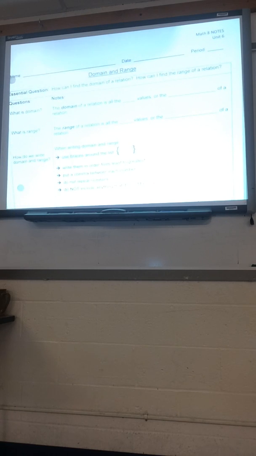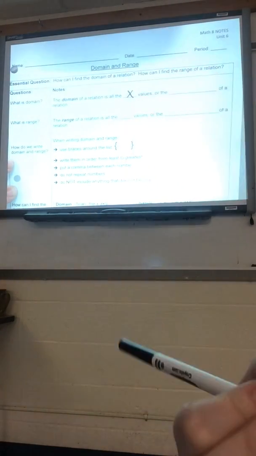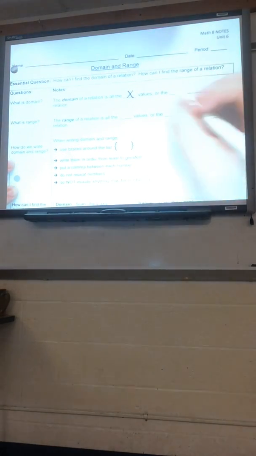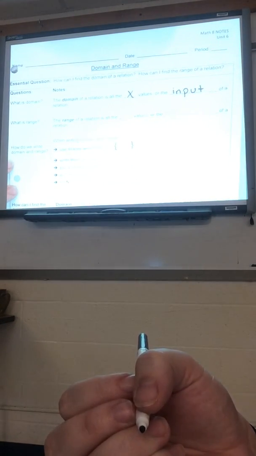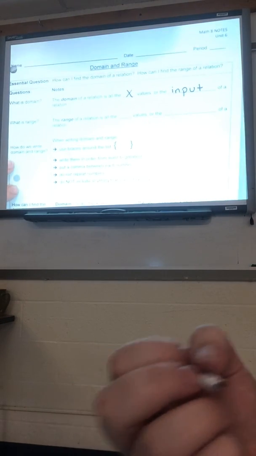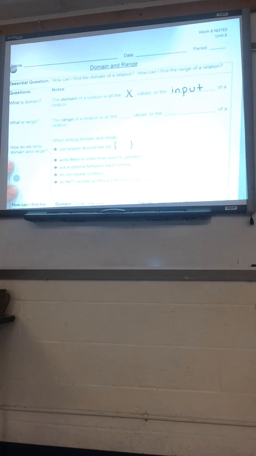So the domain of a relation is all of the x values or the input of a relation, okay? So domain is simply just all the x values, okay?